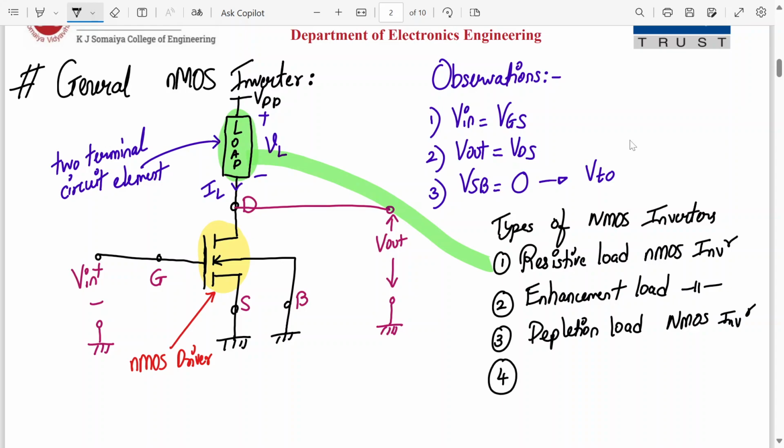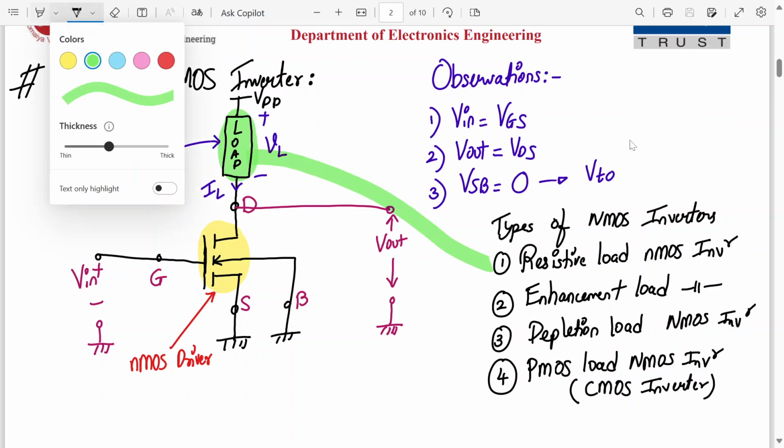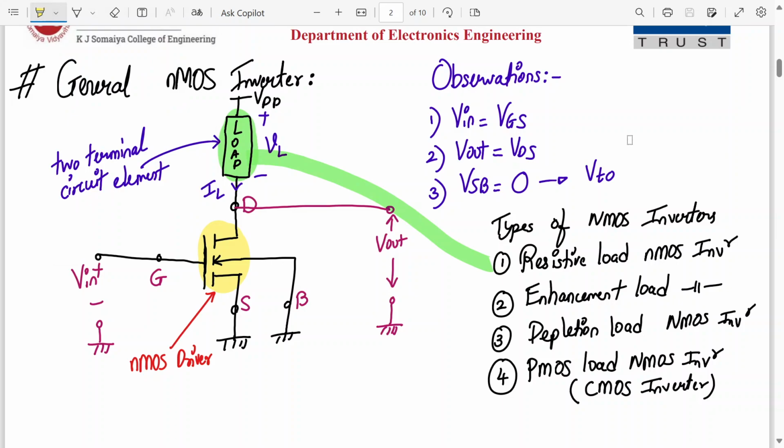And the fourth is the most famous, PMOS load NMOS inverter, which is also called as CMOS inverter.